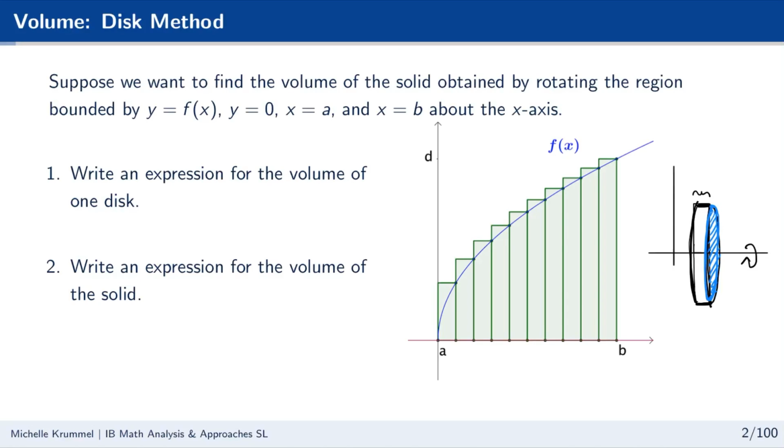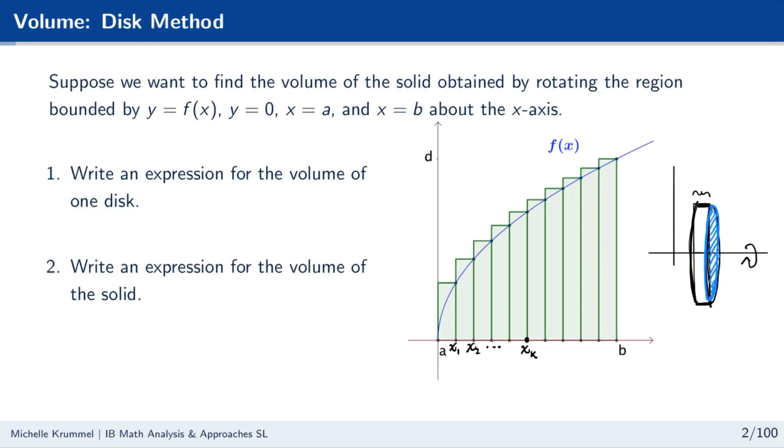So let's go back to our graph and just label one of these rectangles as our arbitrary rectangle that we've chosen. So it has some x value down here. And if we think of the very first rectangle as having an x value of x sub 1 on the right end of that subinterval, and then the next one x sub 2, and so on, then when we get to an arbitrary rectangle, I'm going to call that right end point of that subinterval x sub k.